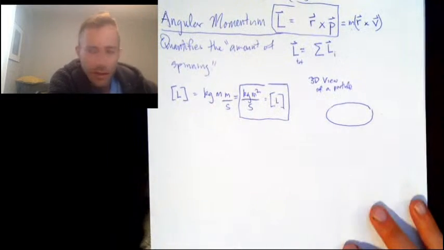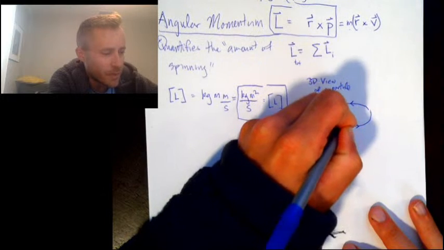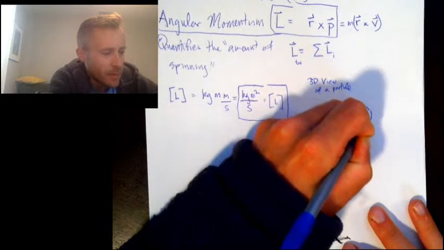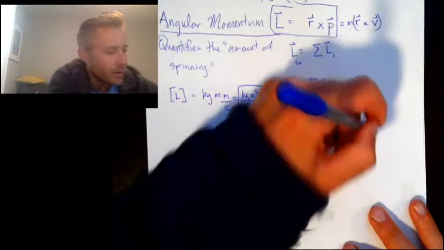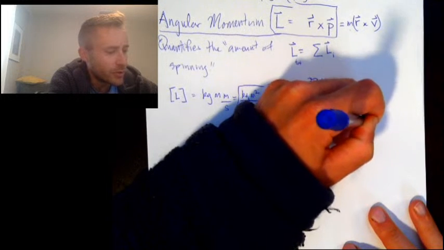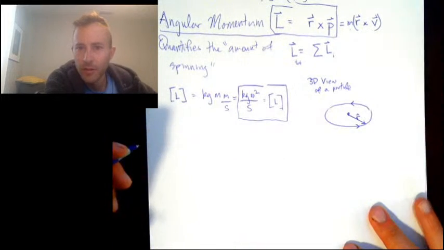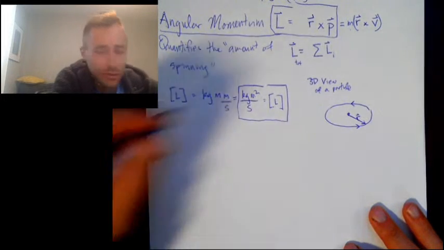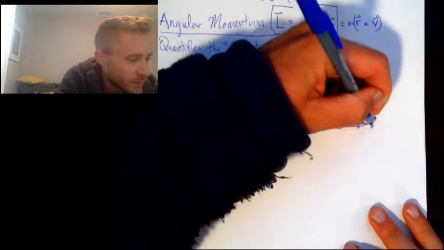And so the particle's moving around in this circle. Here is the center of the circle, and here is its position vector, so this is r, and then the velocity vector is tangent to the circle, as we learned.